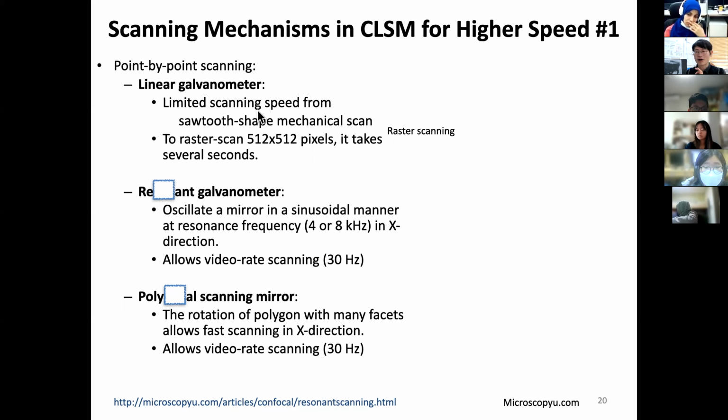And that requires what we call raster scanning. So let's think about that. But unfortunately, this one is inherently slow. If you have knowledge in, let's say, physics, you know that in the concept of inertia, the mass to rotate and move is hard.